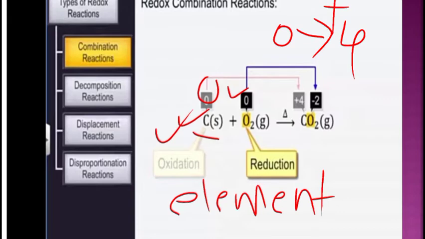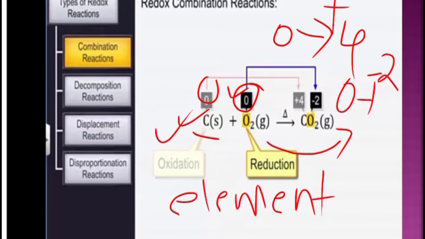We'll check oxygen. Its oxidation state is 0, but after the reaction, it became -2. So 0 to -2. So its oxidation number is reduced, so it undergoes reduction. If an atom loses electrons, it will undergo oxidation. That is, if its oxidation state increased, then we call it oxidation.